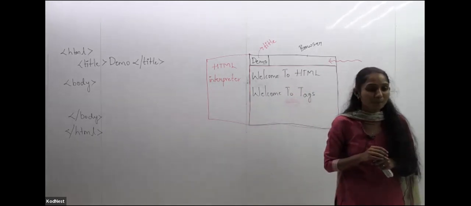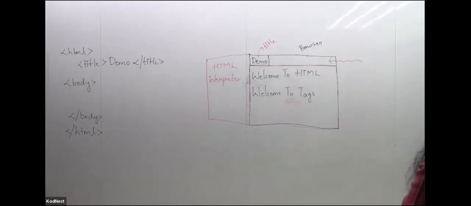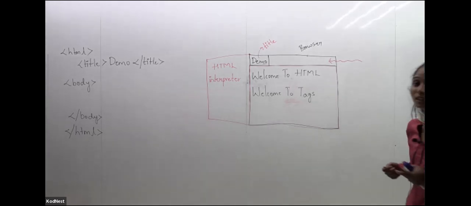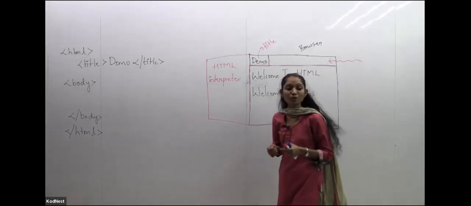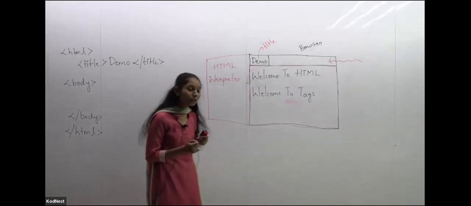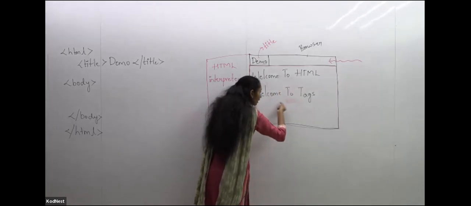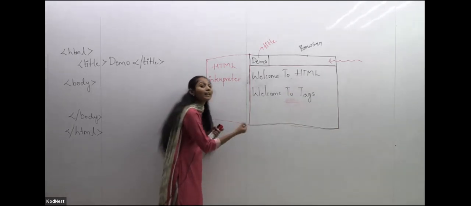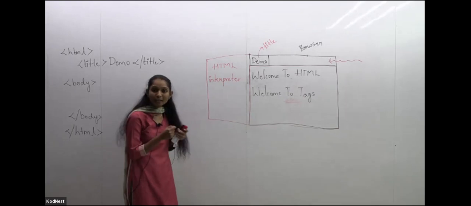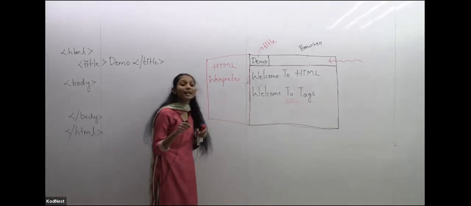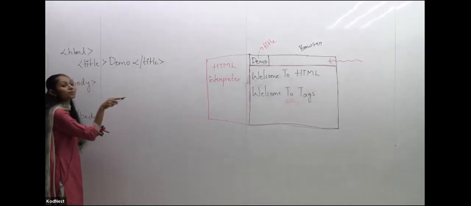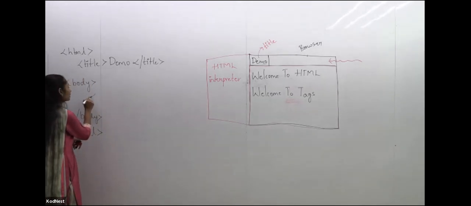How can I display them in a proper way? Using certain tags. Whatever statement I have given, in HTML they are technically called paragraphs. So the tag to display a paragraph is the P tag.